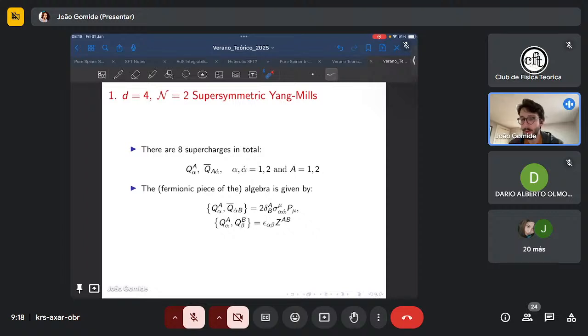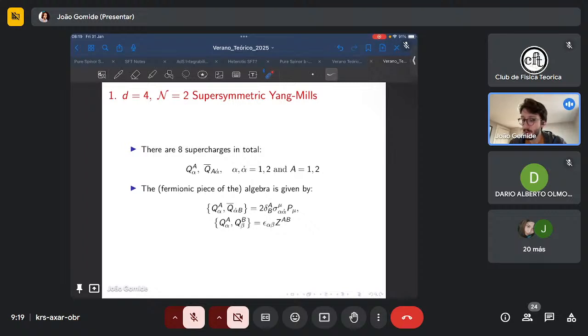But the cool thing is that now you can have a central extension in the algebra, which is the second commutator that I have written here. This central extension is given by this generator Z_AB here, and it is supposed to be a generator which commutes with all of the other generators in the supersymmetry algebra.